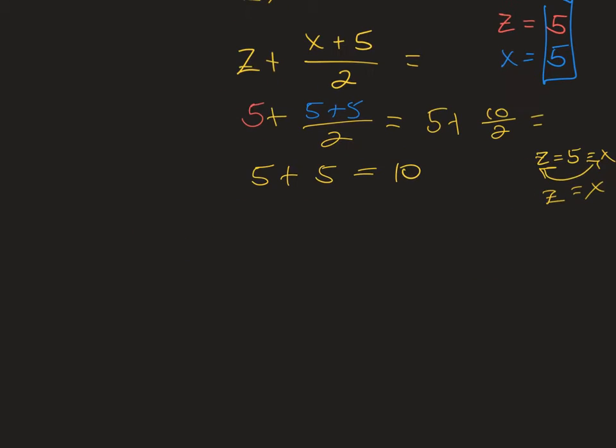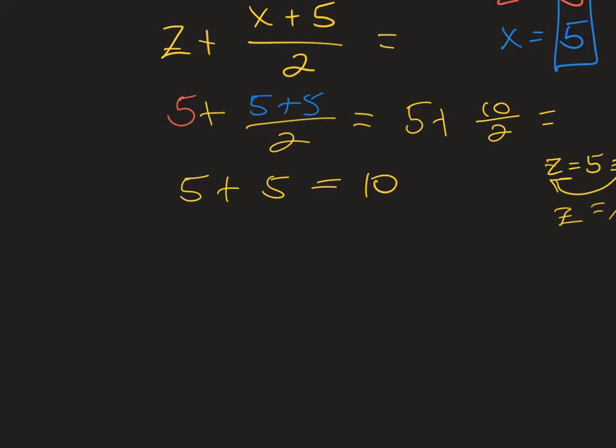So if I really wanted to rewrite this problem and solve it, obviously if I never had values, I wouldn't know that z equals 5. But if I really wanted to rewrite this to make it more impressive, I could write it as x plus (x plus 5) over 2.